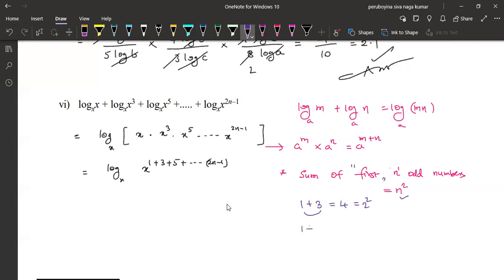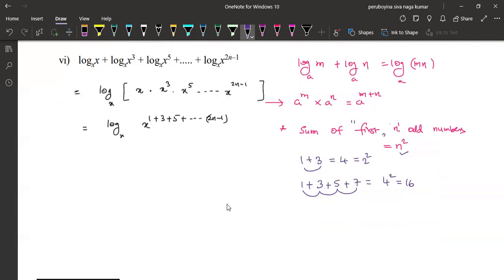For example, if you consider from starting 1 plus 3 plus 5 plus 7, how many numbers are we counting? 4 numbers, and they are from starting 1, continuously odd numbers. So 4 square, 16, will be the sum. In the same way, here also you can see odd numbers.